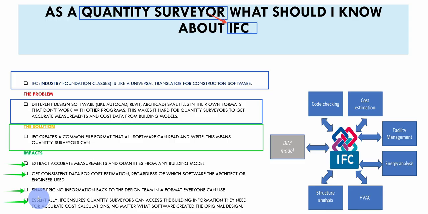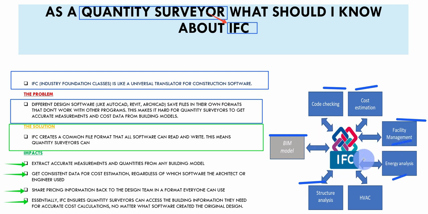As you can see on these charts, there is IFC for structural analysis, HVAC, energy analysis, facility management, cost estimation, code checking, and BIM models. So all of these trades can be converted into an IFC.